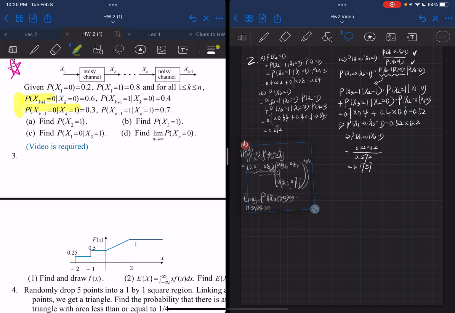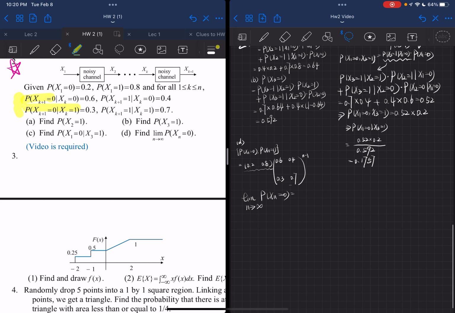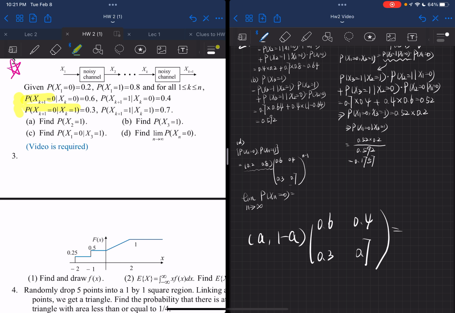To calculate this limit, we apply the formula that a and 1 minus a, as counterparts of each other, times the chain matrix equals a and 1 minus a.